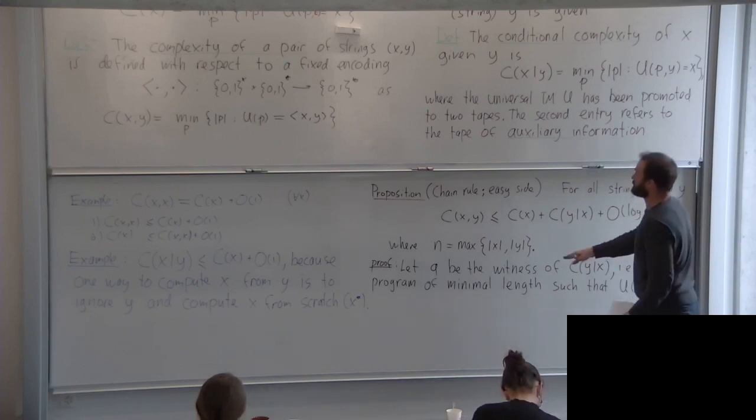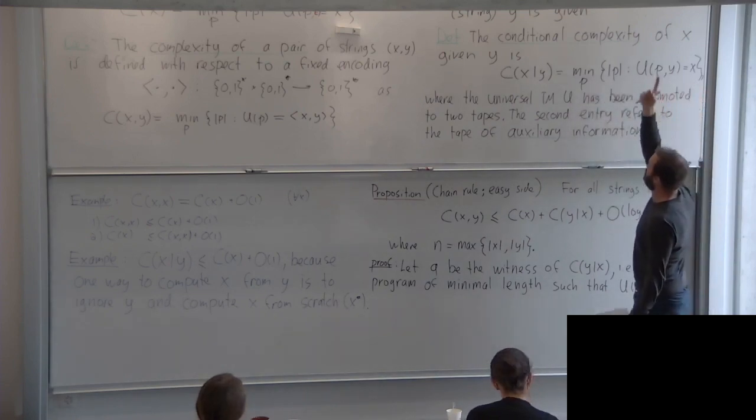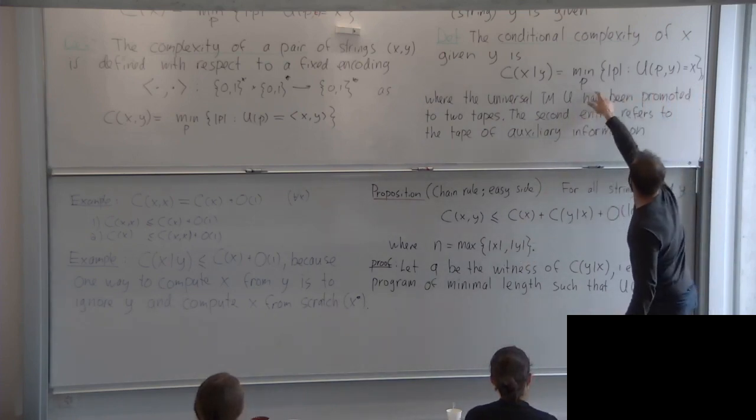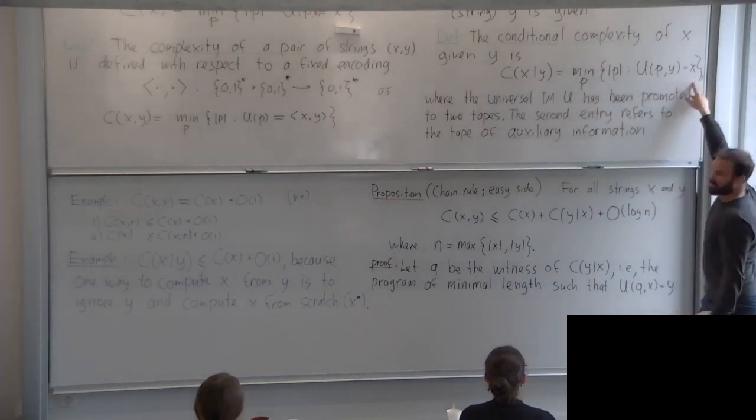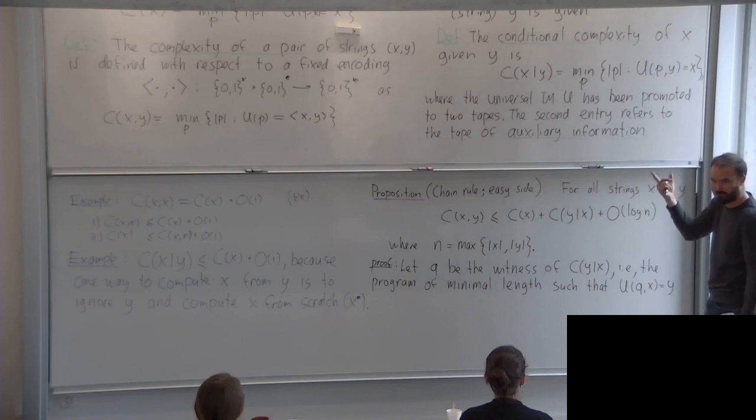That's what it means by witness, right? This is a minimization. The witness is that p, which I called q, in fact, which has that. So it was like the x star when we had only one parameter.